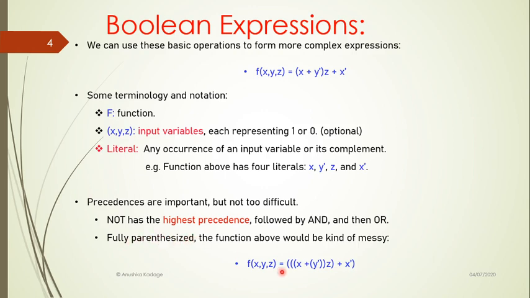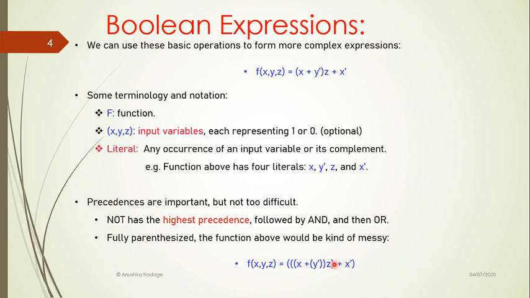Here, in this same expression, by giving the parenthesis presence, the precedences have been mentioned. And while giving the precedence, always the operation of complement or NOT is having highest precedence. After the complementing, the ANDing operation will be having the precedence, and then we are having the precedence for the ORing operations.